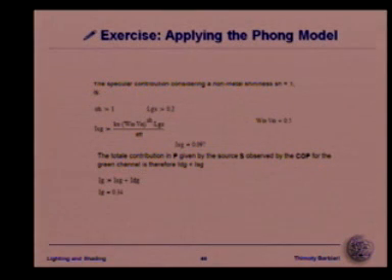Then there is the specular contribution. I'm choosing conventionally a non-metal shininess. Any number below 100 would have been acceptable. Here, because I hate making calculations, especially to the power, I choose 1.